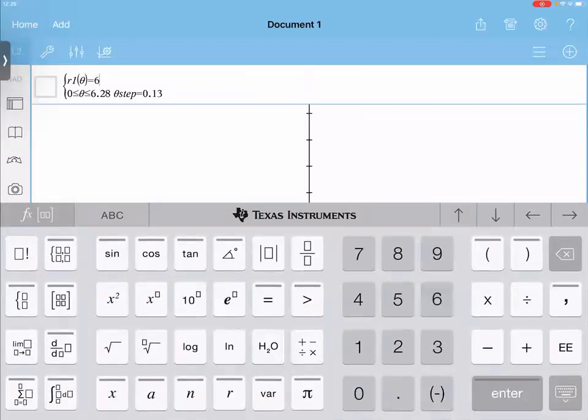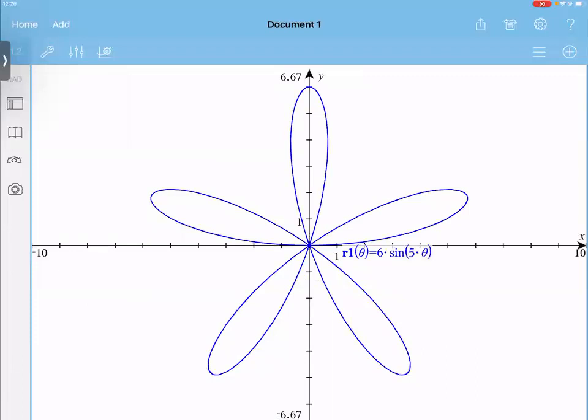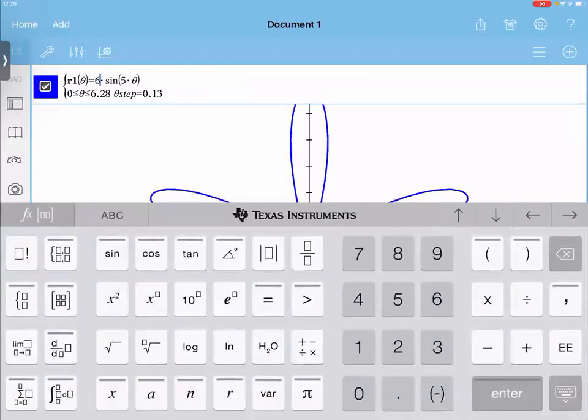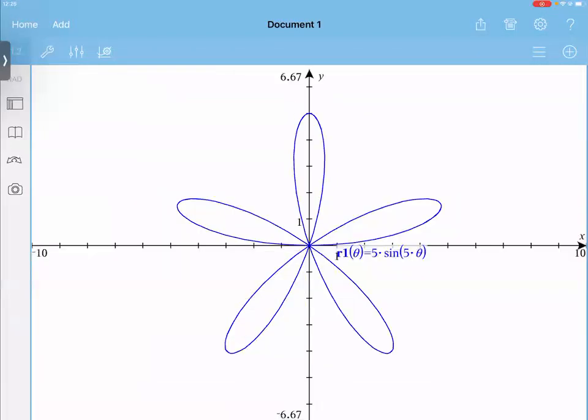So if you have an even, sine 5 theta, well, that is on the positive y-axis. And then you switch to an odd number, that just influences how long it is. It does not tell you whether it's on the positive or the negative y-axis.